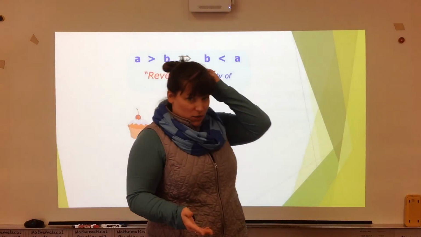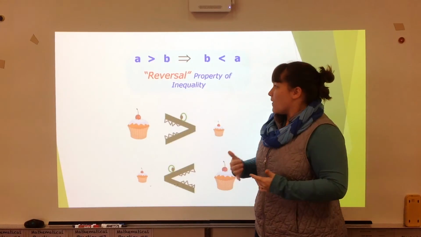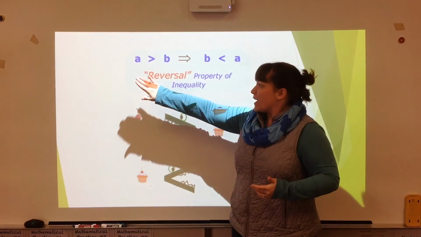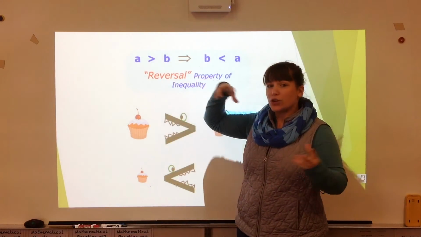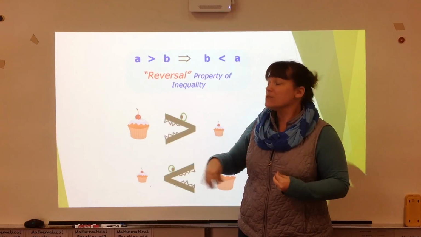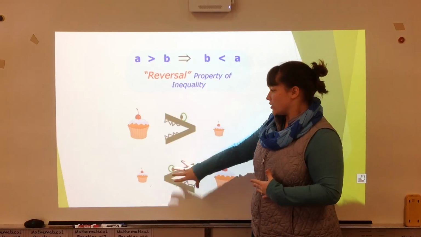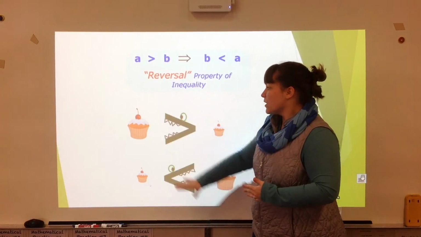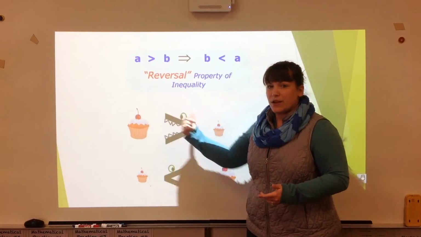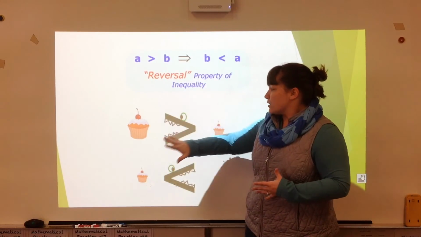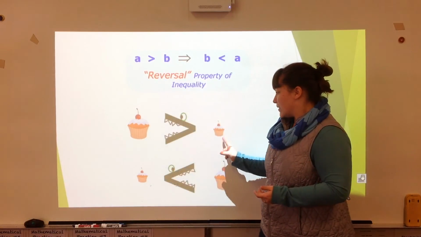One thing before we get to our note sheet I want to talk about is this reversal property of an inequality. When you have a number that's bigger than another number, you could switch around the numbers and use the other inequality symbol. So let's use cupcakes as an example. If we have the larger cupcake on the left, that is greater than the cupcake on the right. So we could say that the big cupcake is larger or greater than the small cupcake.